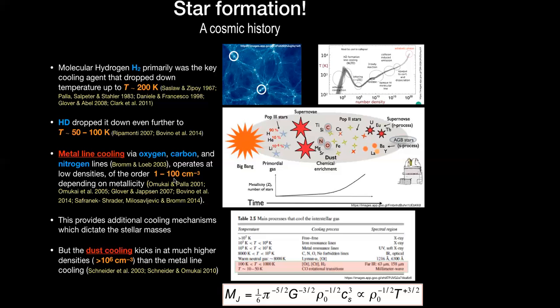At this density, we expect that the metal line cooling is going to play its role and provide the cooling in the gas. But the dust, which is an efficient cooling mechanism, actually plays its role at relatively higher density, 10^-6 per cubic centimeter. So with this overall picture, perhaps we can move forward.